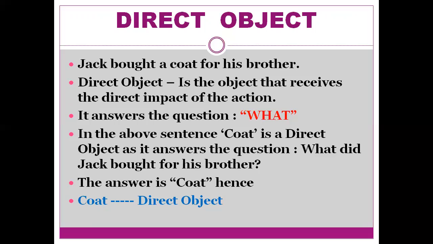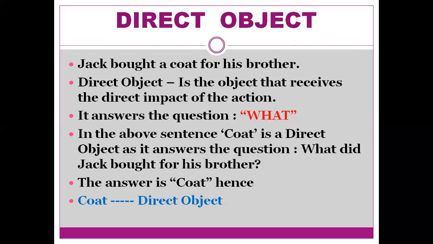A direct object is the object that receives the direct impact of the action. And remember always that a direct object will always answer the question what. W-H-A-T, what. Like in the above sentence, Jack bought a coat for his brother. Here, coat is a direct object as it answers the question.